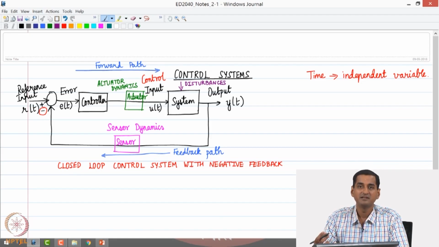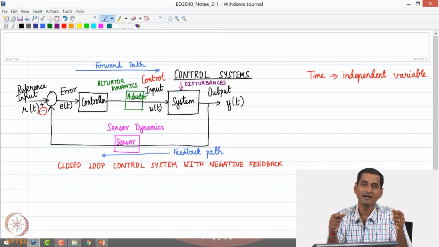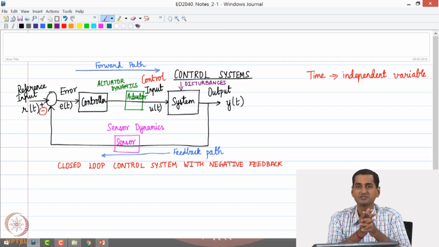For example, let us say I am driving a car, I may have some crosswind which is blowing on the road, which can act as a disturbance and it may try to change the orientation of the car. Although in the ideal world I want the orientation of the car to change only when I turn the steering wheel, a strong crosswind can create a disturbance, which can potentially lead to a change in the car's orientation.